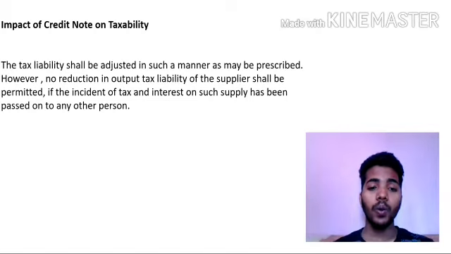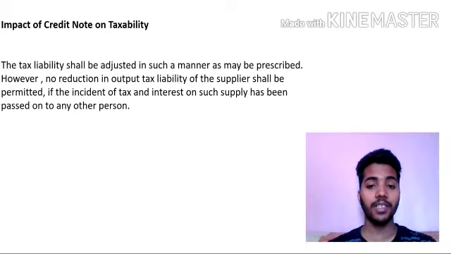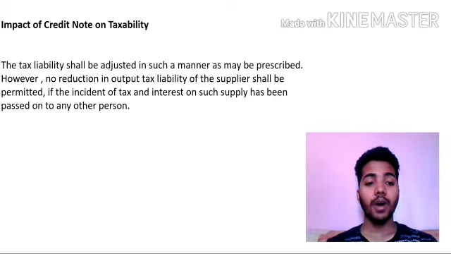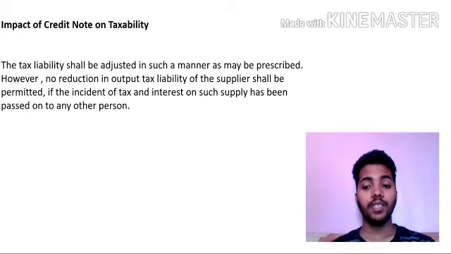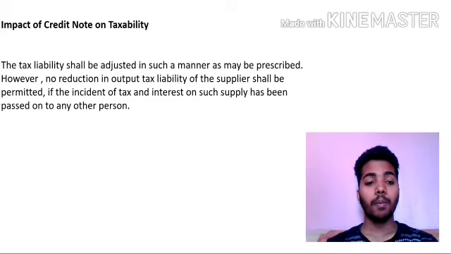However, no reduction in the output tax liability of the supplier shall be permitted if the incidence of tax and interest on such supply has been passed on to any other person. If the supplier passes the tax burden and interest of the supply on to another person, then there is no reduction in the tax liability. If the tax incidence and the tax burden is borne by the supplier, then there may be a chance to reduce the tax liability of the supplier under the provisions of GST.